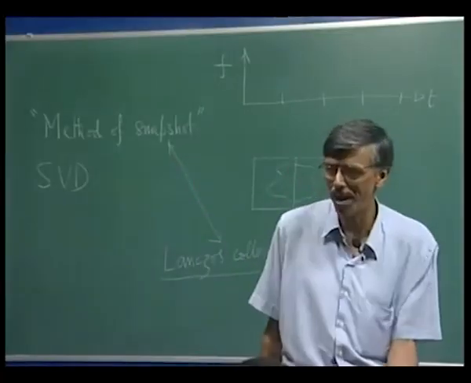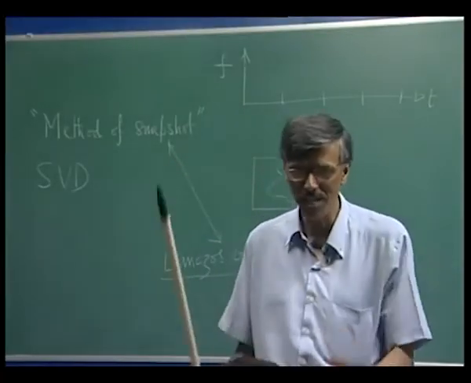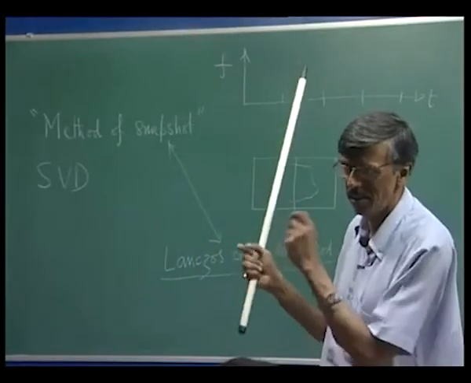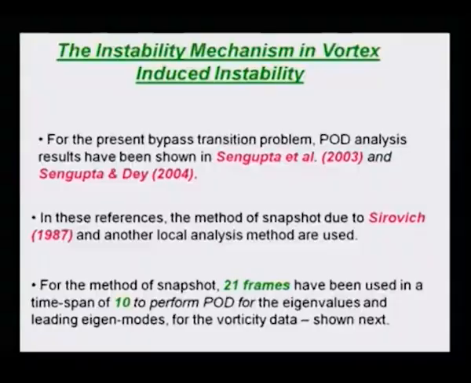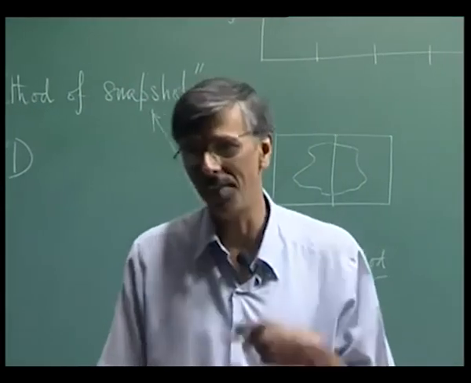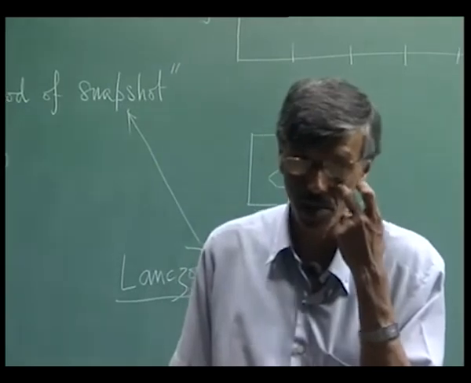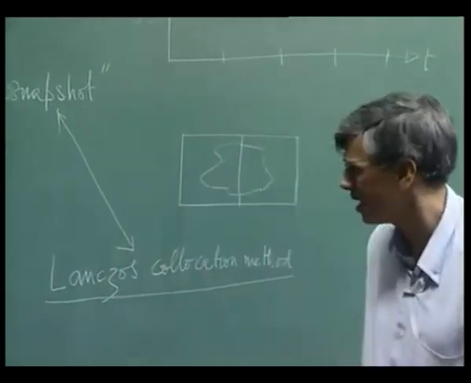So, these are those snapshots we are talking about. Each of the frames is a constituent of the method of snapshots. So, we are basically taking 21 snapshots over a non-dimensional time interval of 10, and then performing a POD.